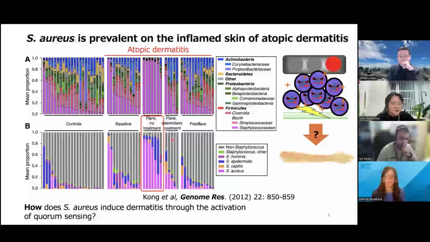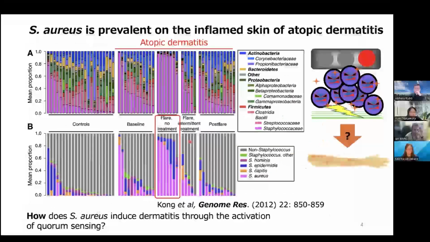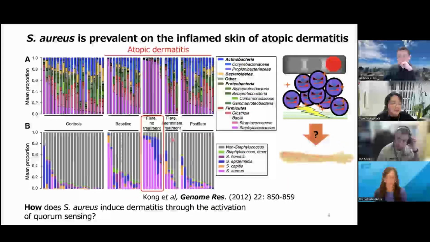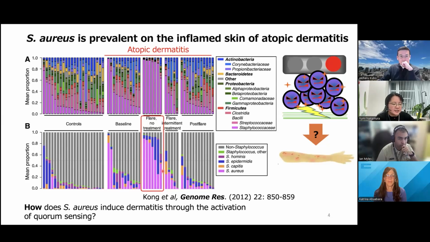In the 2010s, the development of next-generation sequencing revolutionized microbiome analysis, bringing renewed attention to dysbiosis in various diseases. Here I'm showing well-known microbiome analysis data published by the NIH group in 2012. As you can see, the proportion of Staph aureus increases significantly during atopic dermatitis disease flare.